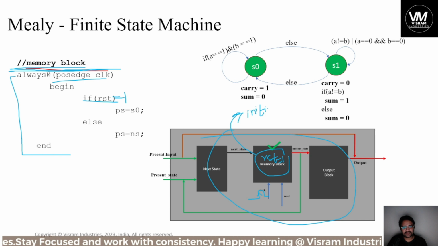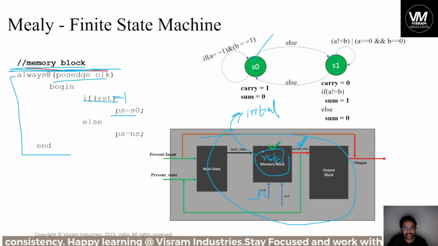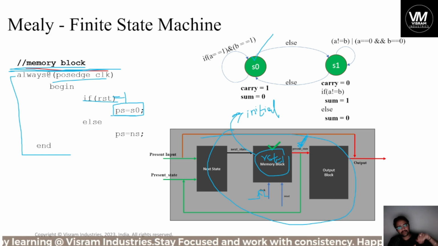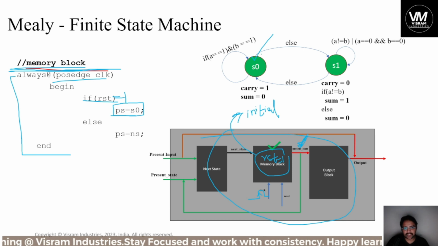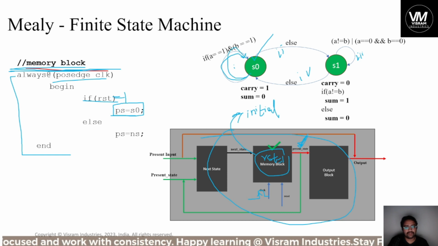What is the initial position? S0. Whatever output you are getting is considered the present state. That present state is S0. By default, if you click on reset, everything should come to S0 and it should think of this 1, 2, 3 and 4. This is how it should work.